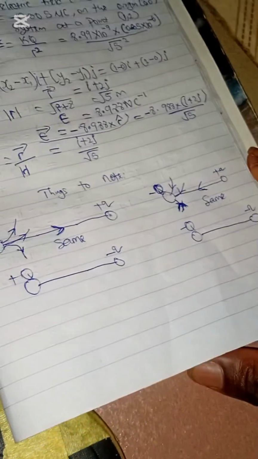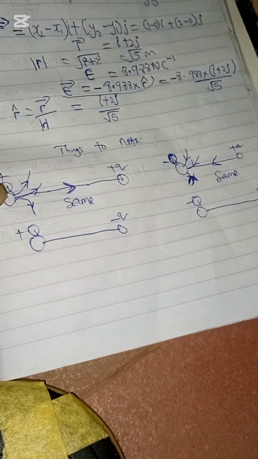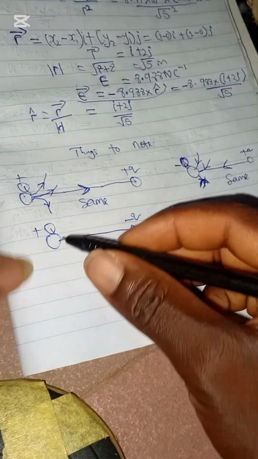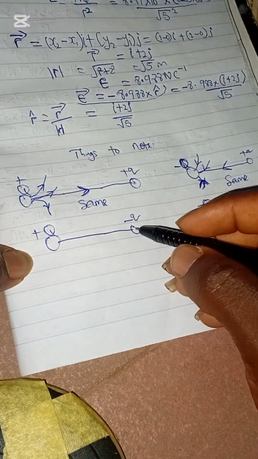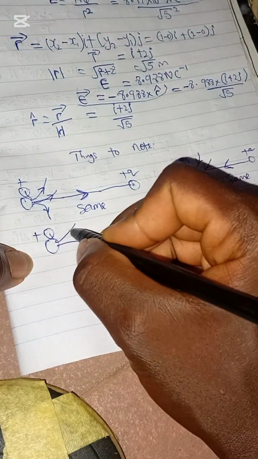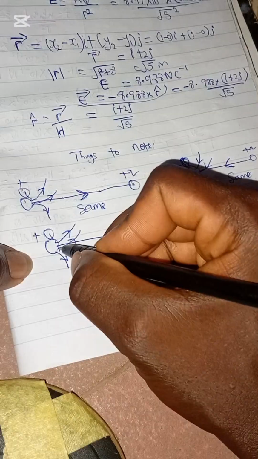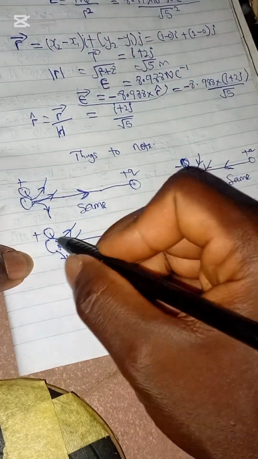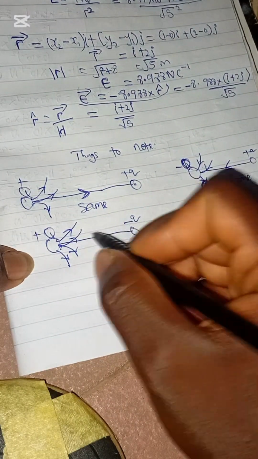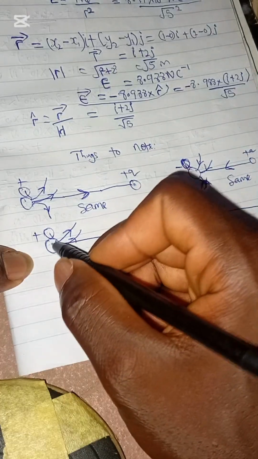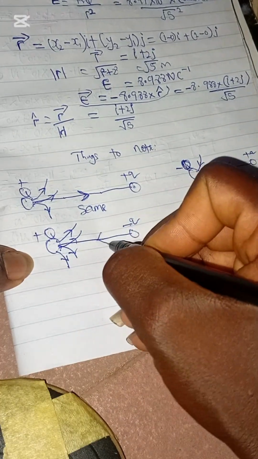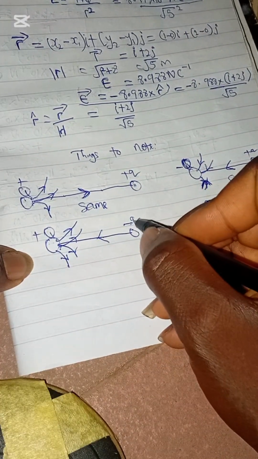So the third one now, when the source charge is positive and the test charge is negative, the field will be away because it's positive. But this negative is going to attract it, right? The force exerted by this on this is a force of attraction. Are we together? It's going to attract minus q because they are unlike charges.